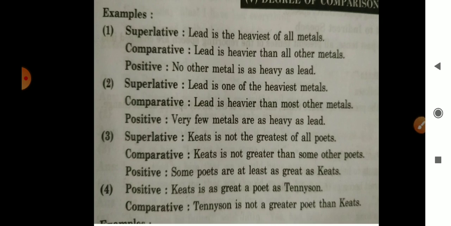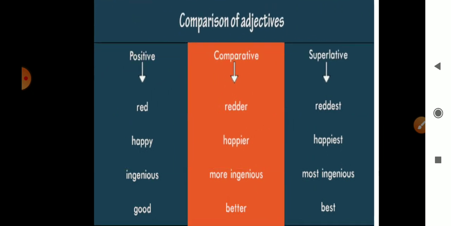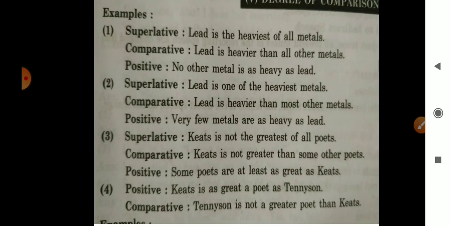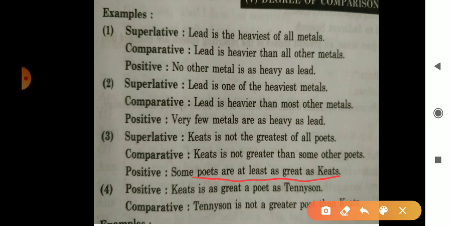So the sentence in the comparative is: Keats is not greater than some other poets. Now positive: some poets are at least as great as Keats. We have removed the "not" because the sentence is in the positive degree. So here we are going to use "as", and great, greater, greatest, so "great" here.